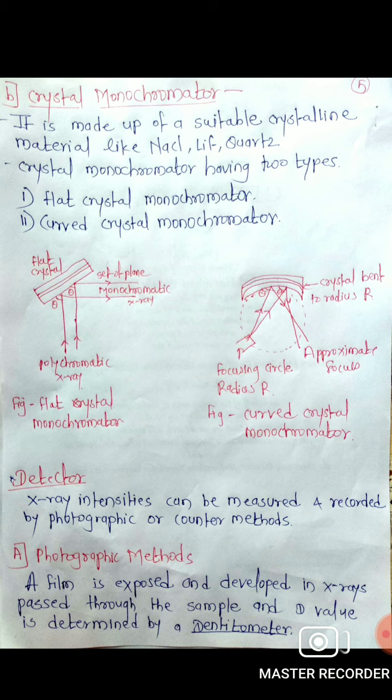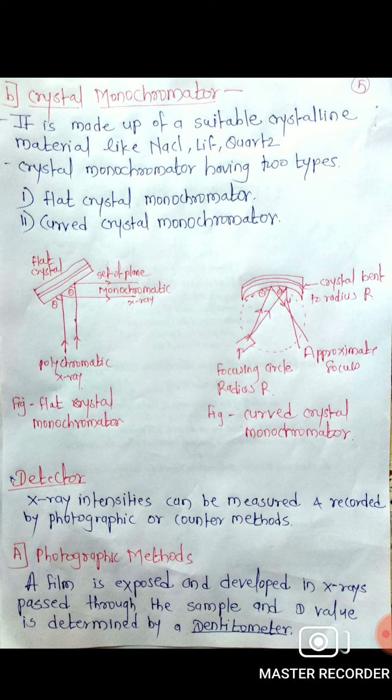The first one is the photographic method. In the photographic method, a film is exposed to X-rays passing through the sample and developed, and the D values are determined by a densitometer. In order to record the position and intensity of the X-ray beam, a plane or cylindrical film is used, and the film after exposure to X-rays is developed.